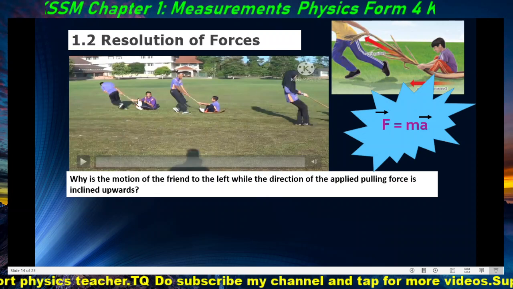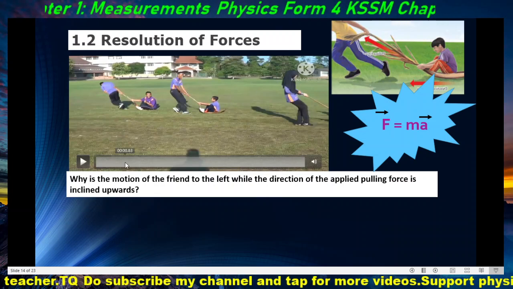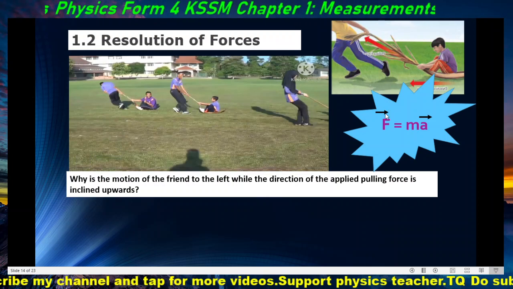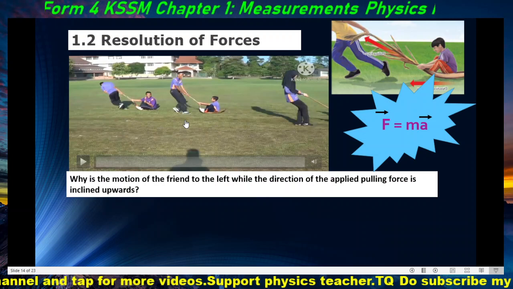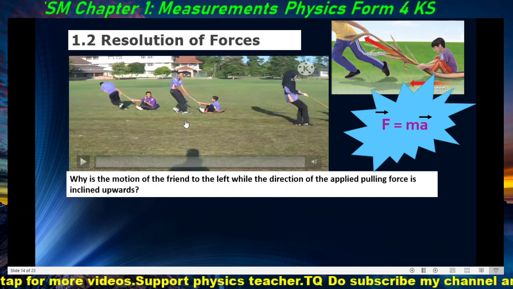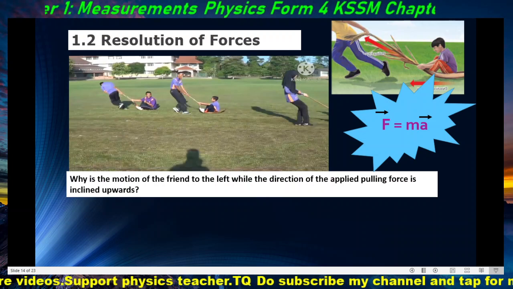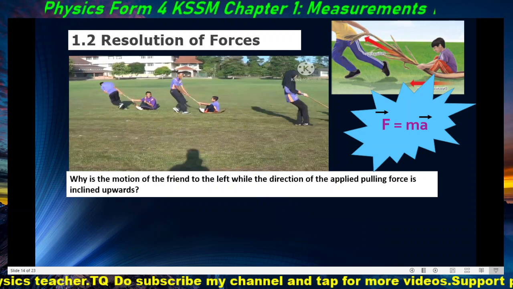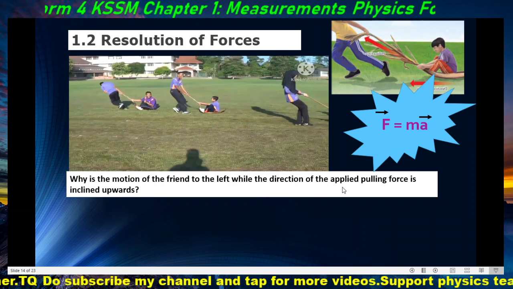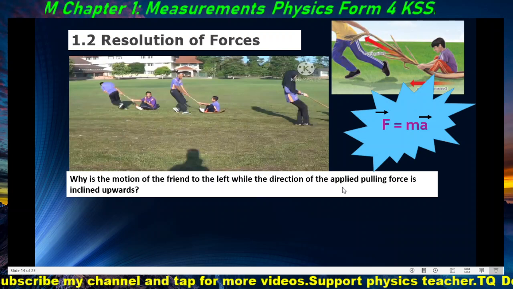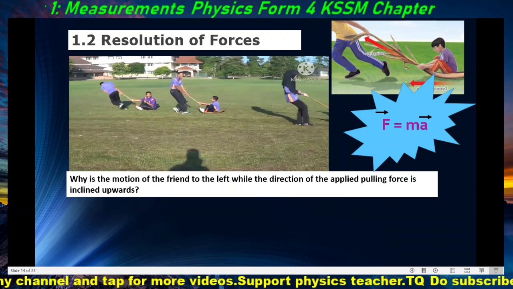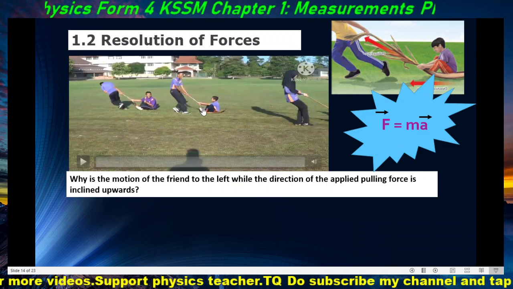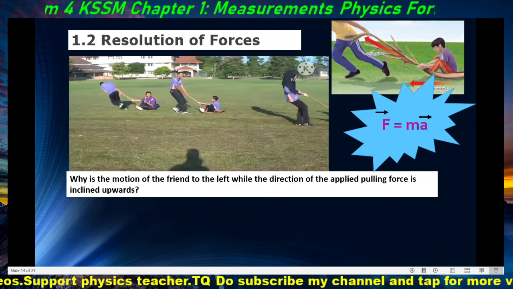So from here we can say that the object will move to the left horizontally because there is a force that acts horizontally to the left. So based on the video, we can say that the inclined upward force that is applied actually has a component which is horizontal that caused the object to move to the left.